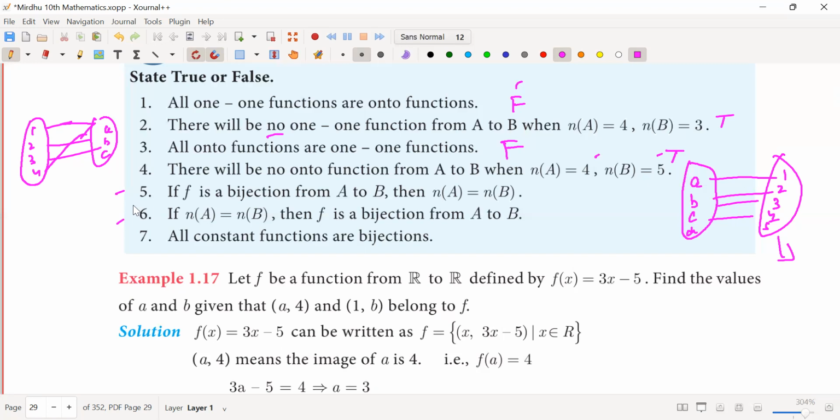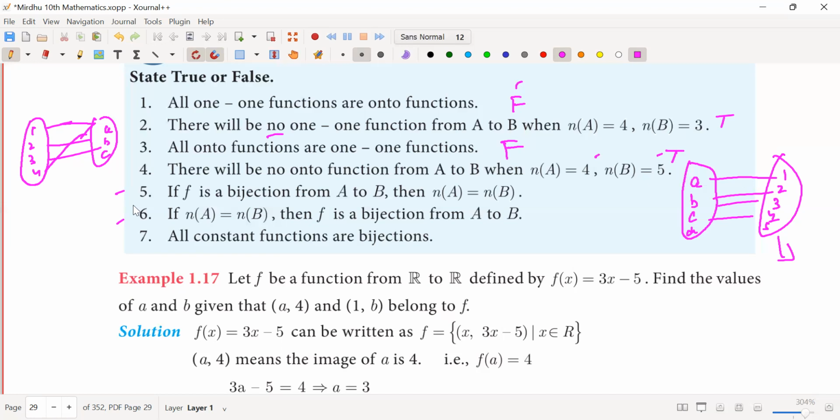If they are provided with the range, and the range is also n of B, then we can say your point is right. If n of A equal to n of B and n of B equal to n of range, then it is definitely a one-to-one onto function, a bijection.